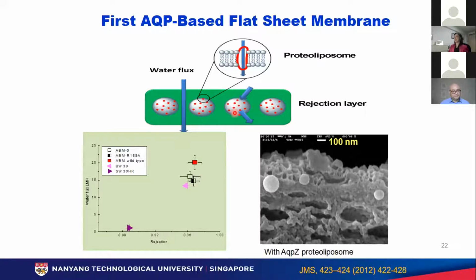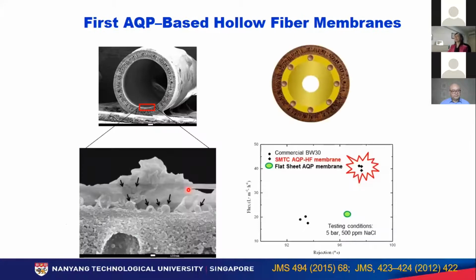This work was published in 2012 with 5 patents because we saw that the aquaporin-based flat sheet membrane can enhance the water permeability by 50% compared with the control without the aquaporin vesicle. This is a very encouraging result. Then we further optimized the formula and worked on hollow fibers.